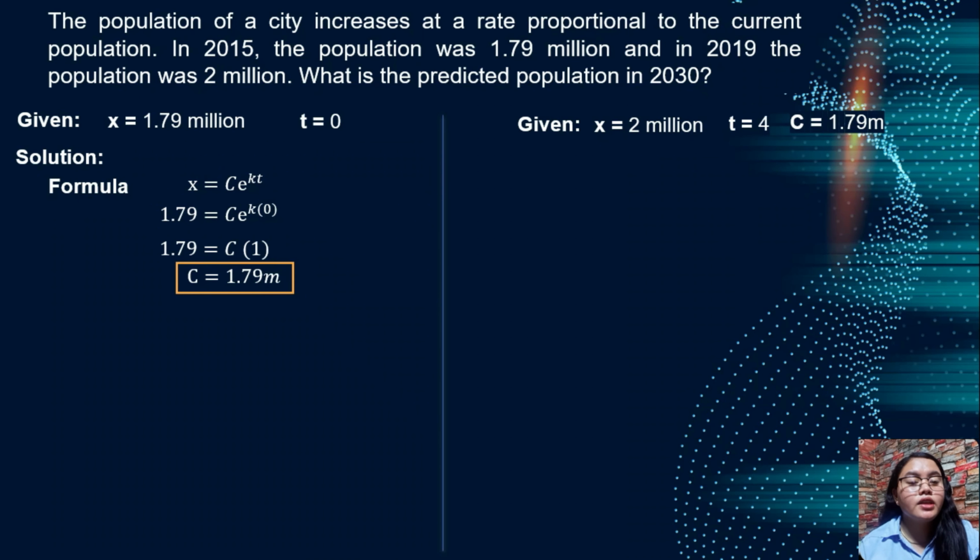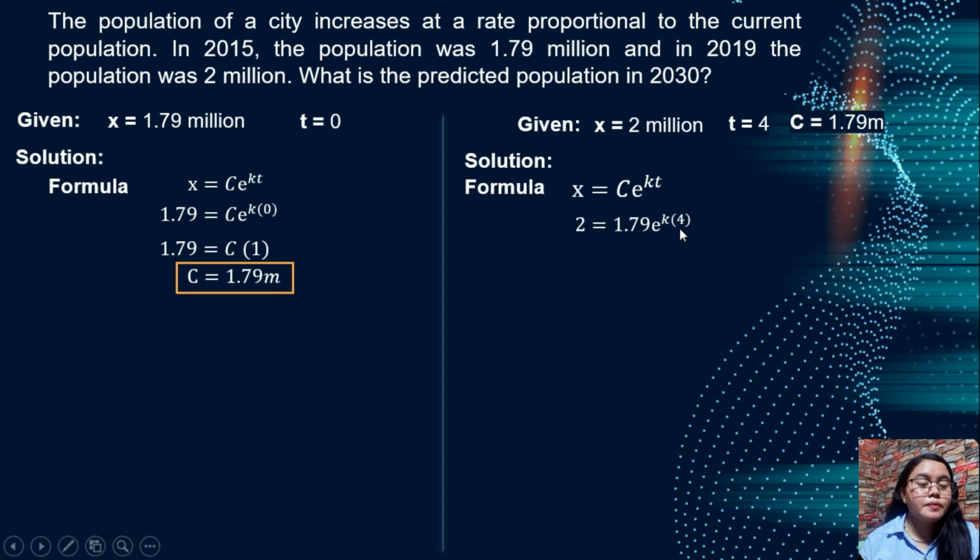Now we will plug in all the values using our formula. So we have 2 as our x is equal to 1.79 as our c times e raised to k times 4, which is our time.